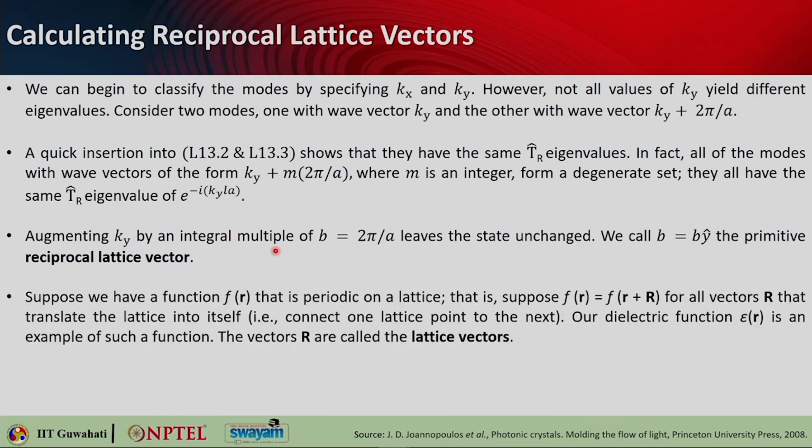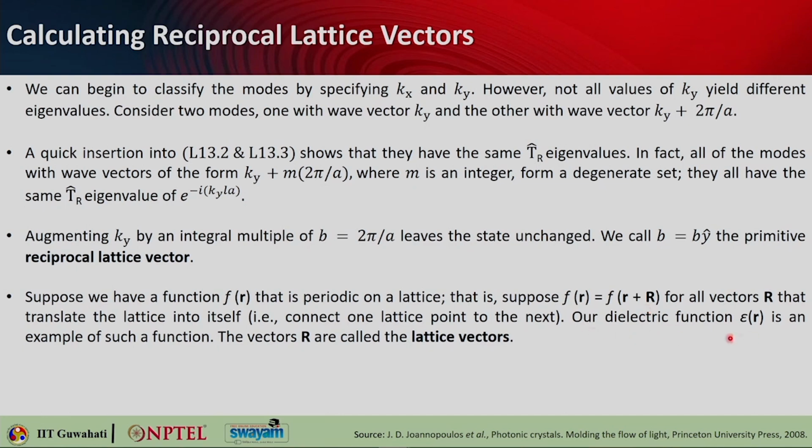So that will give you the reciprocal lattice vector. Now, suppose we have a function f(r) that is periodic on a lattice. Periodic means you can write that f of r will be the same as f of r plus capital R, for all the vectors capital R that translate the lattice into itself. So, it is repeating after this particular value of capital R. We have seen what capital R is, that is basically l a, where l is an integer and a is the lattice constant.